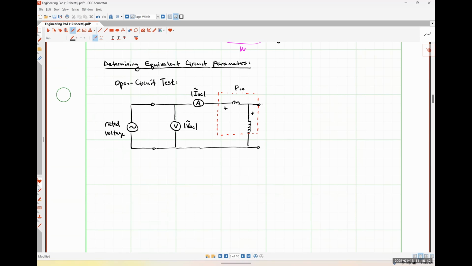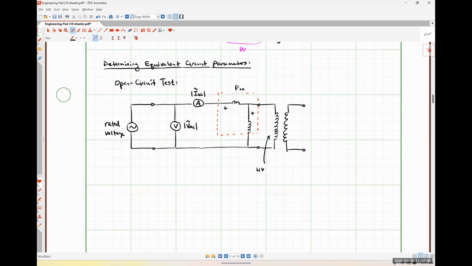And then we are going to connect this to our practical transformer, which I'm just going to represent by a simple transformer symbol here. So I'm going to make a note here. This is typically the high voltage winding, okay?